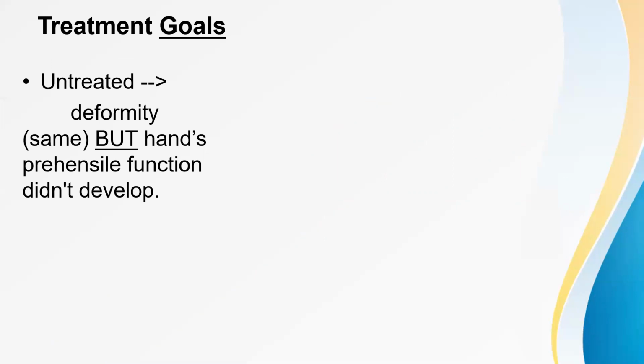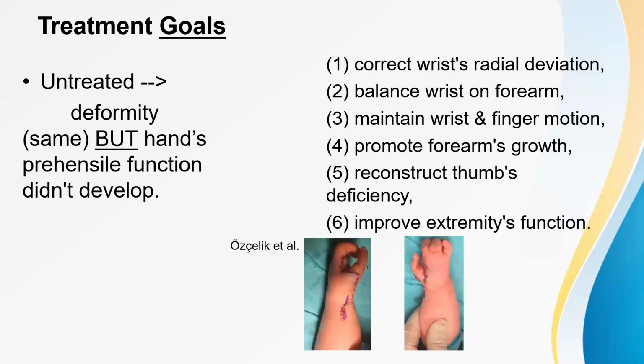In untreated cases in the past, where it was proposed that neglect is the best policy in dealing with these hands before 1980, it was noted that deformity was not changing between surgical or non-surgical intervention. However, the hand's prehensile function did not develop when no surgery was done.